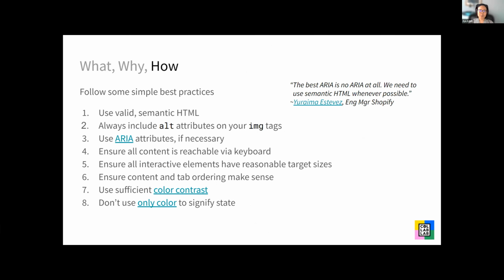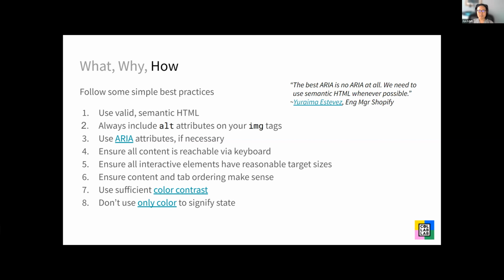So how do we apply accessibility? We can follow some simple best practices. First, and this is the golden rule, always use valid and semantic HTML. Second, always include the alternative, or alt, attributes on your image tags.